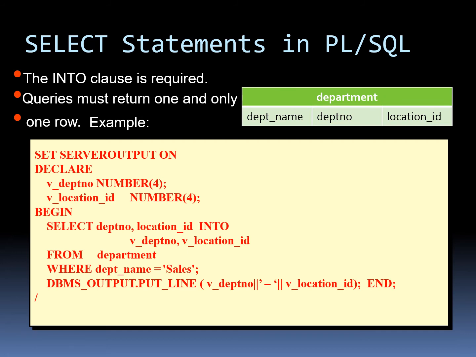And then, after retrieving the values, we will print them through our DBMS_OUTPUT.PUT_LINE statement. We will print the values of department number and location ID. So this is how we can use the select query in our PL SQL program to retrieve data from a table which is designed in SQL, right?